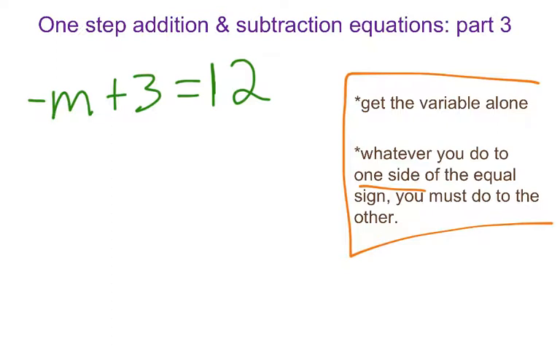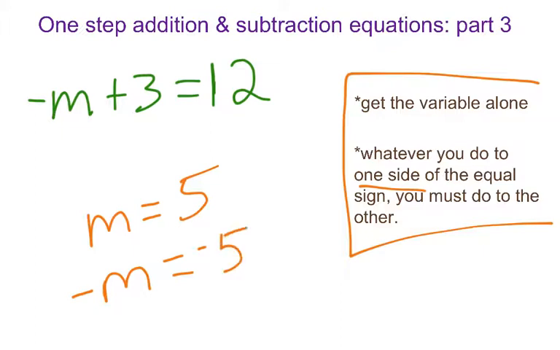So the first thing to understand is, what does this negative m actually mean? Well, if you imagine that m might be equal to 5, we're even ignoring what the equation is. Let's pretend m is equal to 5. Well, if m is equal to 5, then negative m must be equal to, I can almost hear you saying it, negative 5. So it just throws the sign in front of that variable, which throws a sign in front of its value as well.